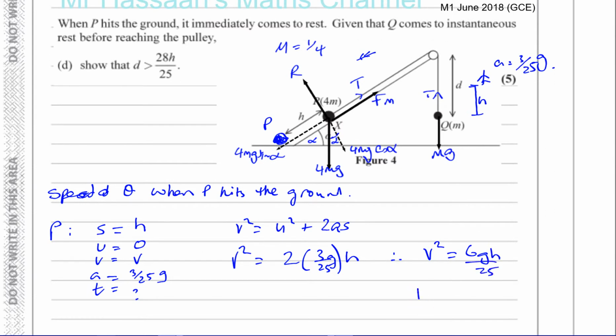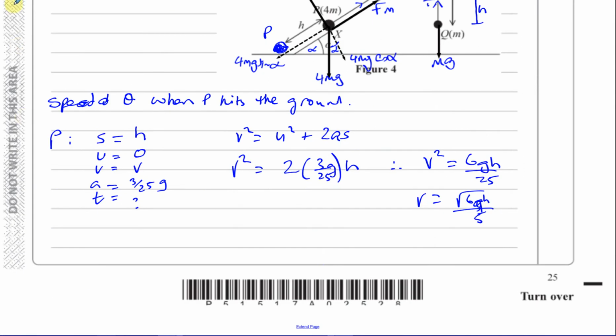That's v. So that's the speed of P when it hits the ground, which is also the speed of Q at this point, when it has already travelled a distance of h.